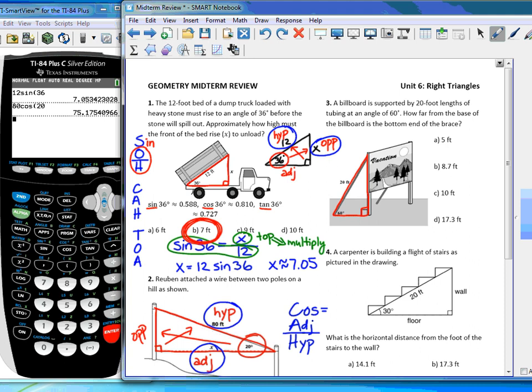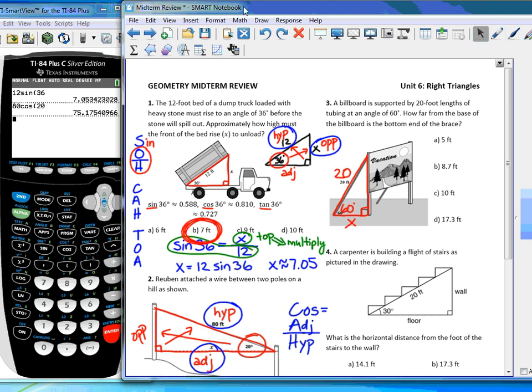So let's see, a billboard is supported by a 20-foot length of tubing at an angle of 60 degrees. So this is kind of difficult to see, so I'm going to label this 20 up here and this 60 in here. How far from the base of the billboard is the bottom end of the brace? I thought they were going to want to know the height of the billboard, but they didn't. They wanted to know how far from the base of the billboard is the bottom end of the brace. It's always good to know what they're looking for.